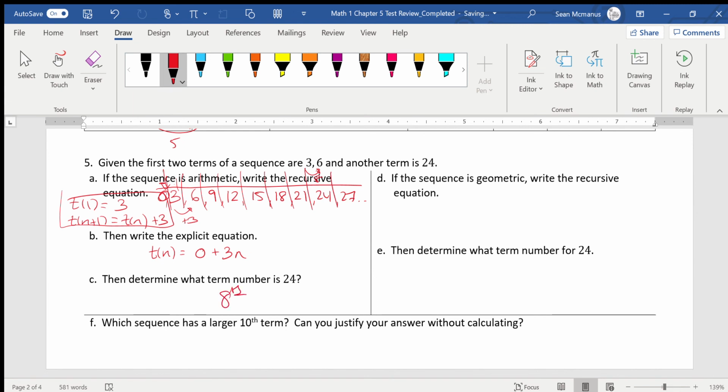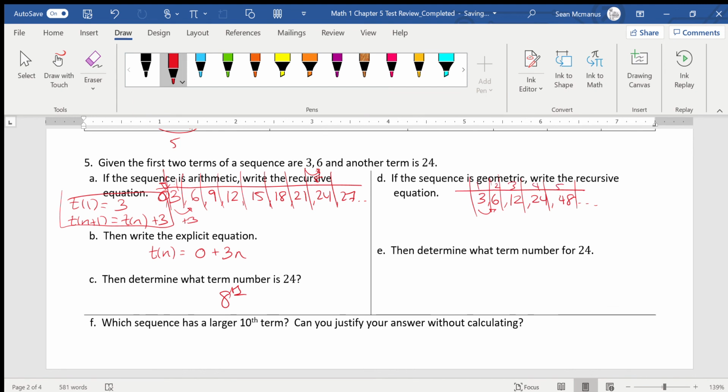If the sequence is geometric, write the recursive equation. So that means it starts with 3 and then 6. So if it's geometric, it's multiplying, so it's times 2. So that means the next one would be 12, and then 24, and then 48. All right, so term 1, 2, 3, 4, 5.